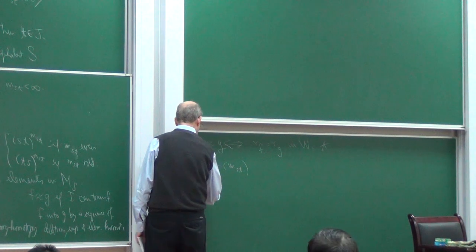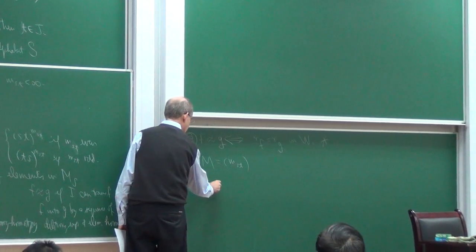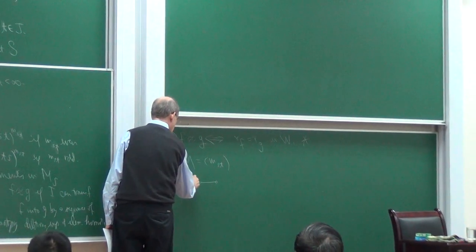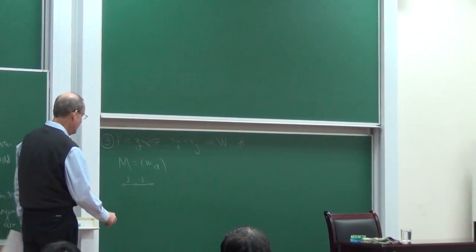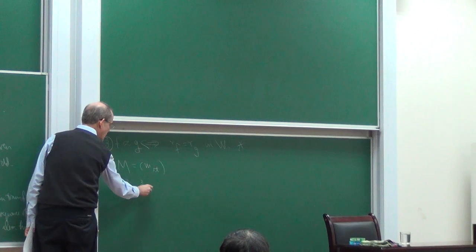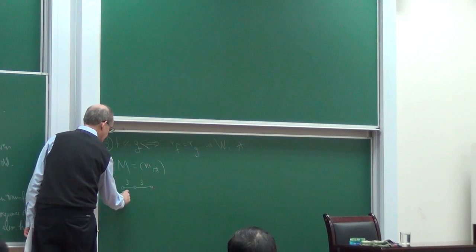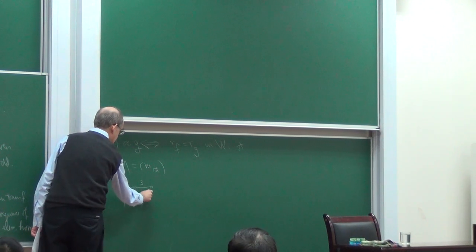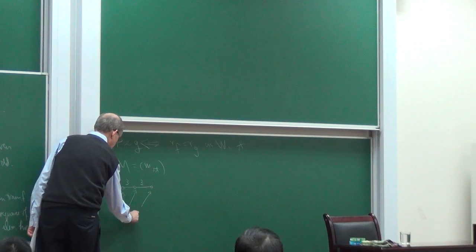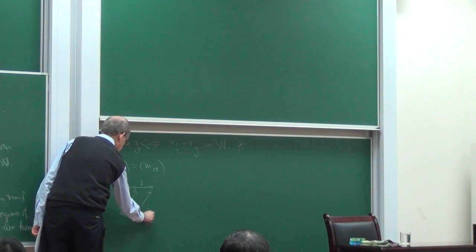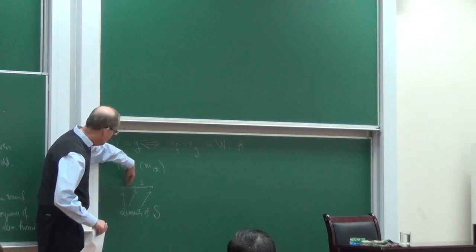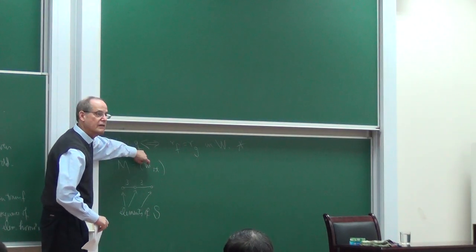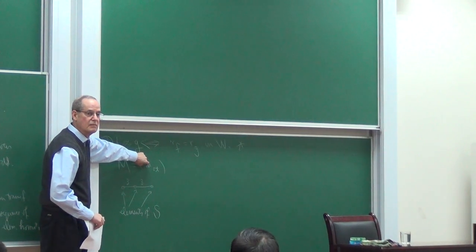So an example of a Coxeter diagram is this. How do I interpret this diagram? The vertices of this diagram are the elements of S. And the labels on these edges tell us what the value of MST is.